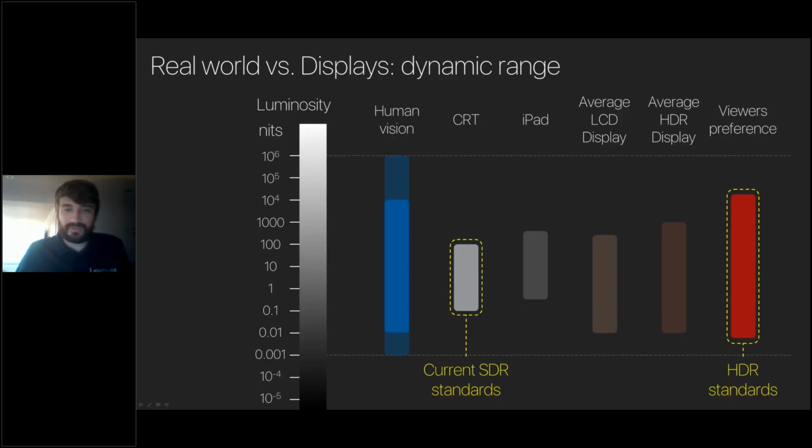HDR's goal is to create a new set of standards based on the viewer's preference and to give the user an experience that comes as close to real life as possible. You can see the HDR standards and the viewer's preference are more or less exactly the same range as human vision on the left-hand side.